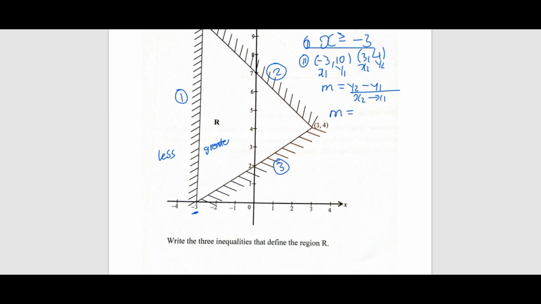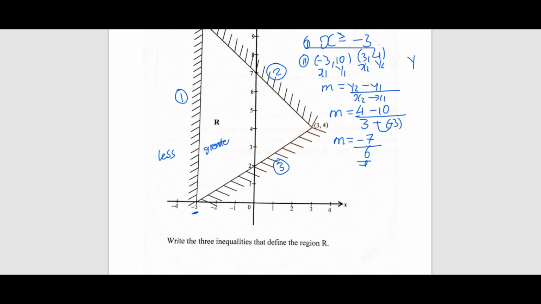Gradient is equal to y2 is 4, y1 is 10, x2 is 3, x1 is -3. So if you do the math, 4 minus 10 will give us -6 over, negative times negative, positive, so here we have 6. So this is our gradient.